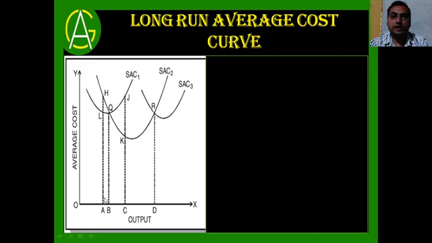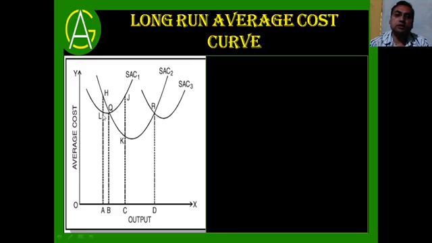Up to this LA is our cost. But if we produce on plant 2, then our cost will be HA. Now if we produce on plant 2, the cost is higher by HL.